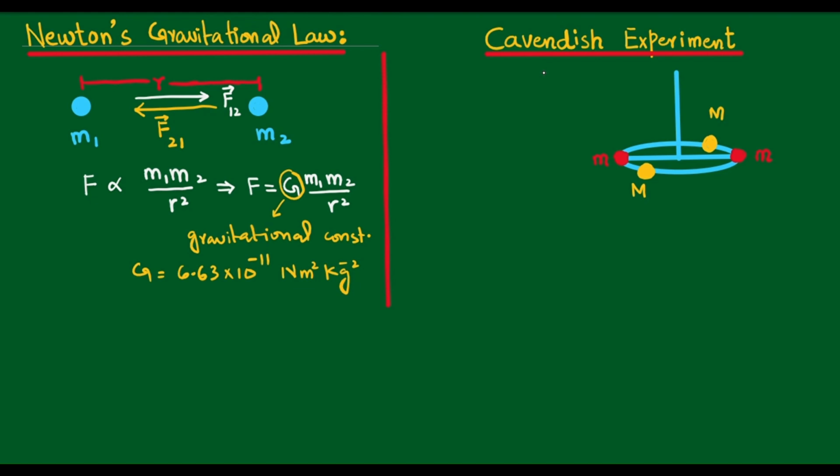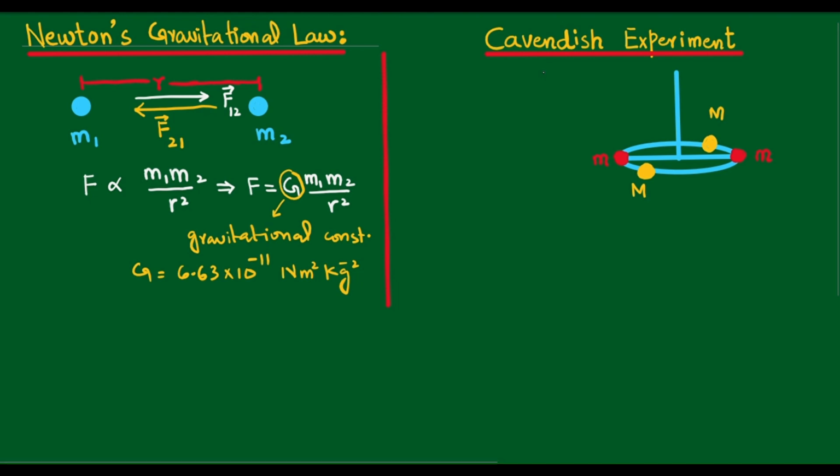According to Newton's third law, we can say that these forces F12 and F21 are equal in magnitude but opposite in direction, because these are mutual forces. F is a mutual force between m1 and m2.